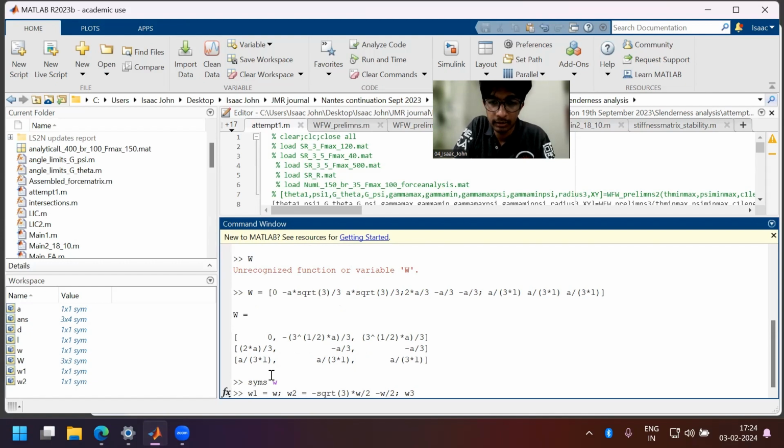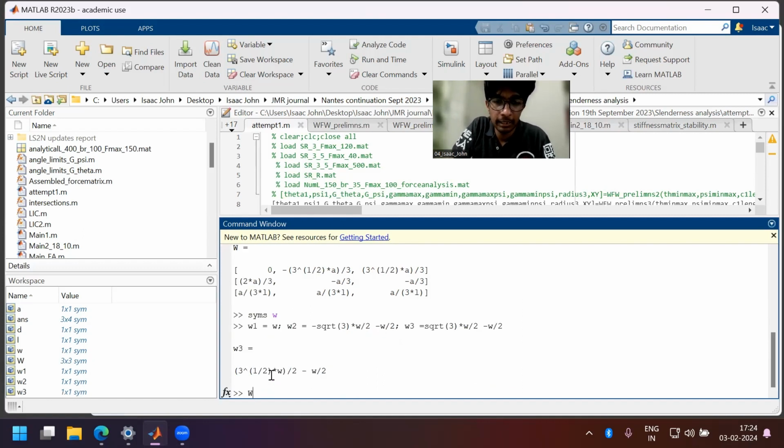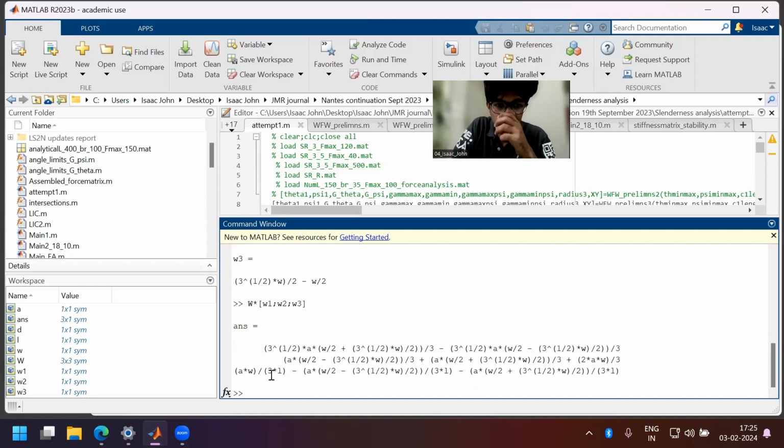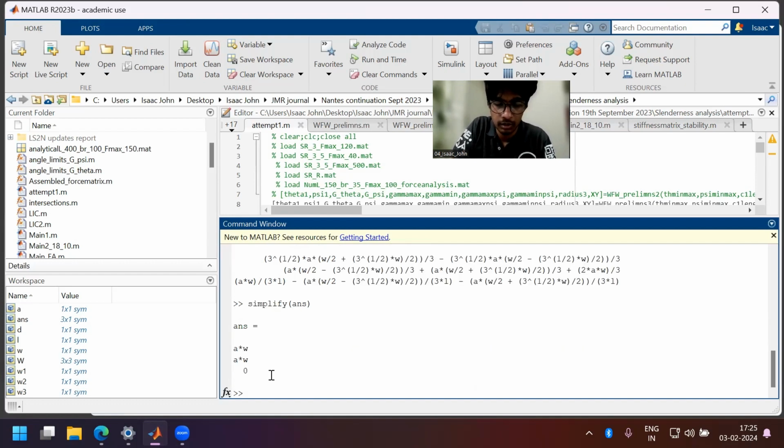Then omega 3 would be the same thing, I suppose: minus square root 3 times omega by 2 minus omega by 2 plus, but here I think this is the positive. Okay, so now if you multiply W with this vector W1, W2, W3, and I simplify this answer, yes, can you see that? It is a omega 0. Is it clear? Is that seen?